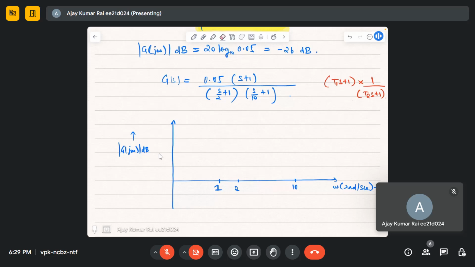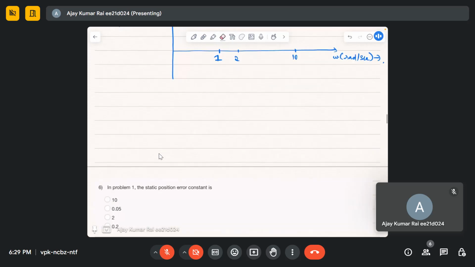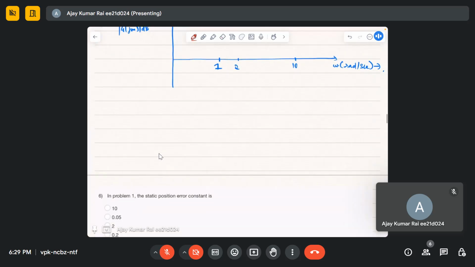Let me see the effect of the first component, Ts plus 1. Let me consider a transfer function, P1(s), equal to T1 s plus 1.